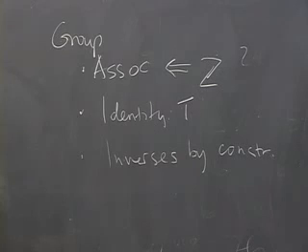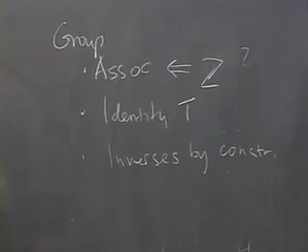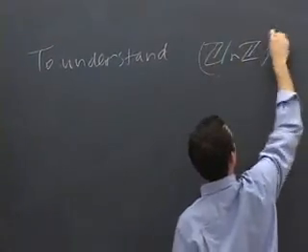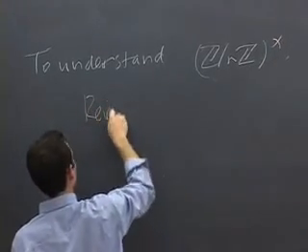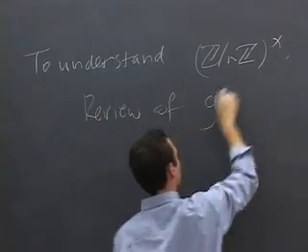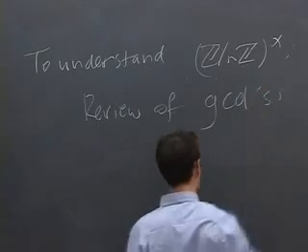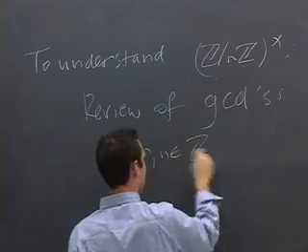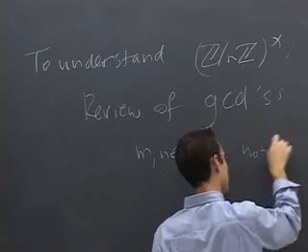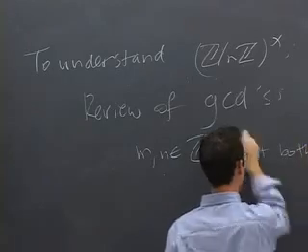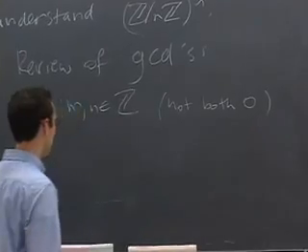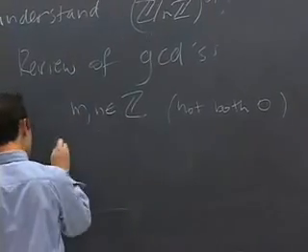A review of greatest common divisors. So if I have m and n integers, and I'm going to assume they're not both 0, just a hypothesis that's going to make theorems easier to write down, what is the GCD?